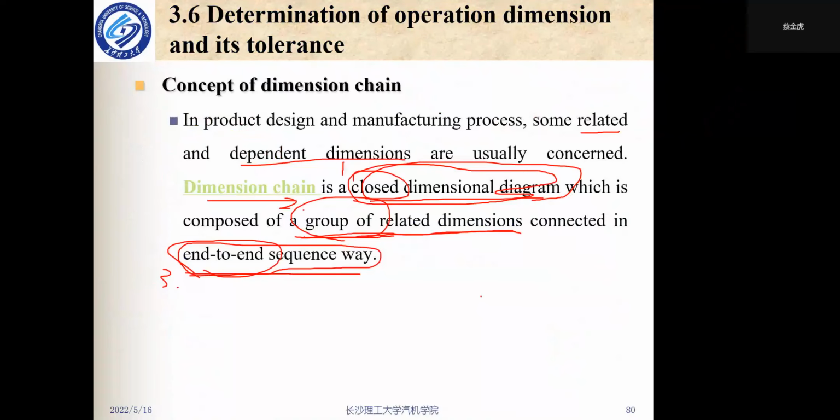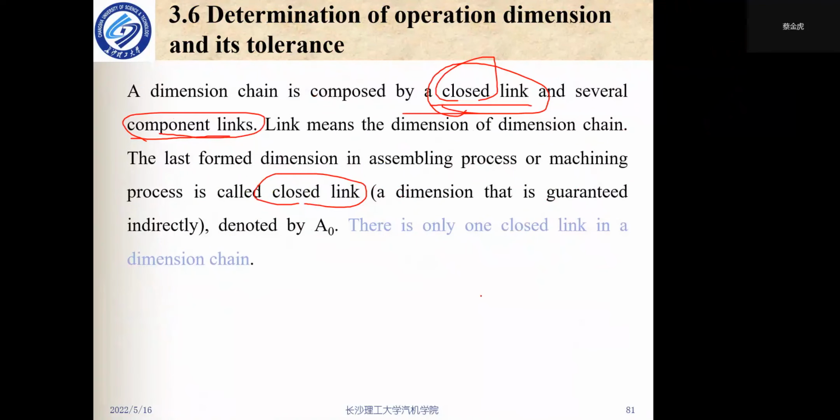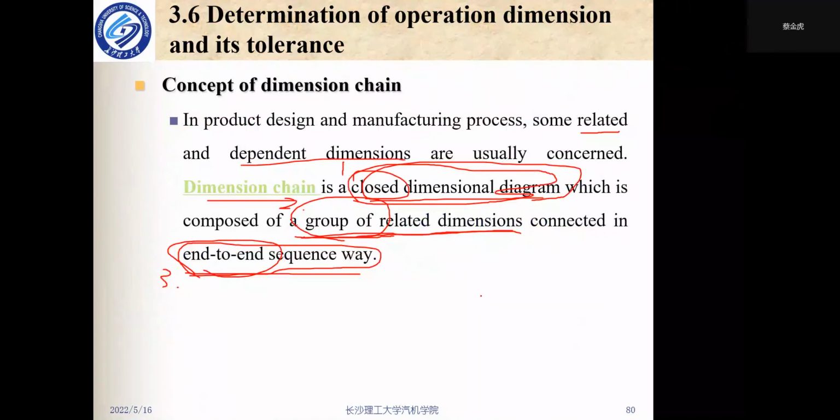So I will recall what we have learned, from the first class, closed link, dimension chain. The definition of dimension chain is a closed dimension diagram.